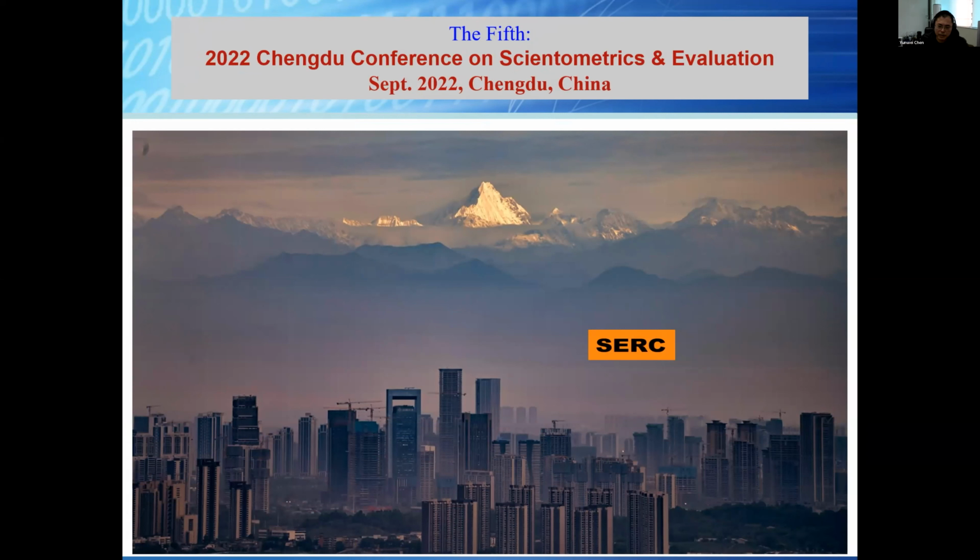This is Chengdu city, where our center is located. It's very beautiful. That is a snow mountain. Chengdu is the biggest city in China where you can see mountains in the center of the city.